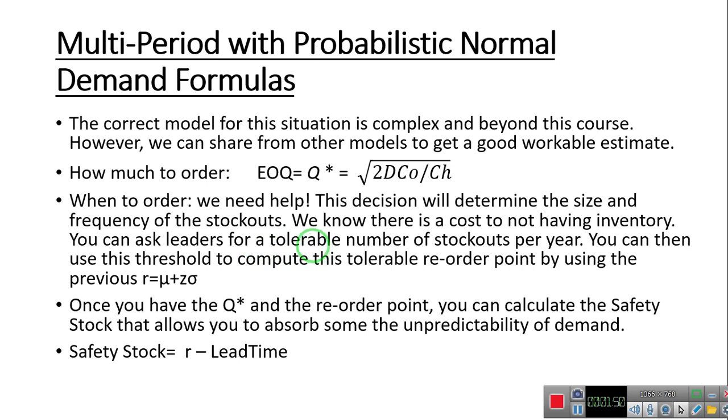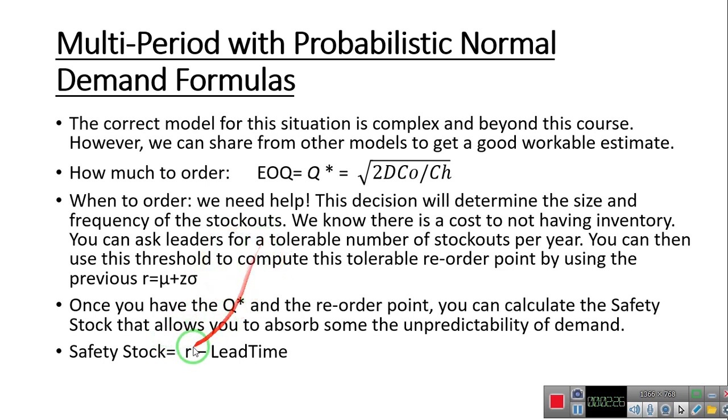Once we have that information, we are going to use the formula R equals mean plus Z times the standard deviation, which you've seen before, and you're going to see it again. That's going to give us an idea of when to order our Q star to make sure that we stay within that reasonable, tolerable amount of stockouts per year.